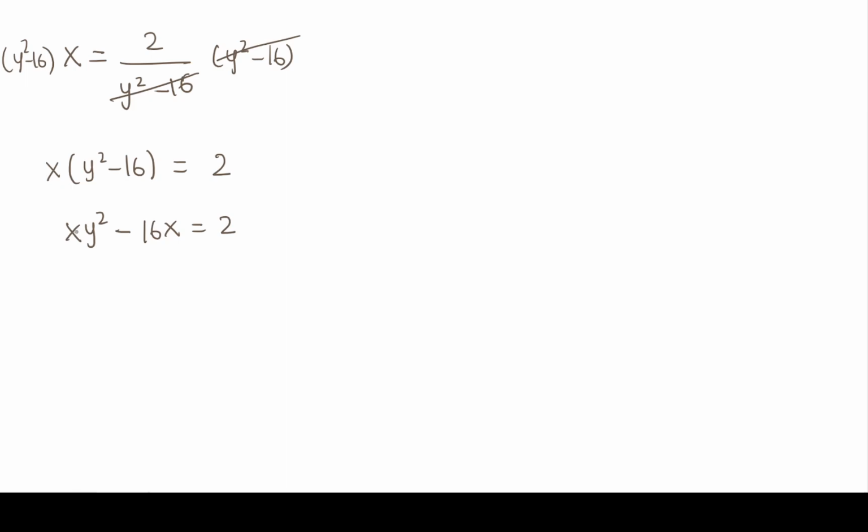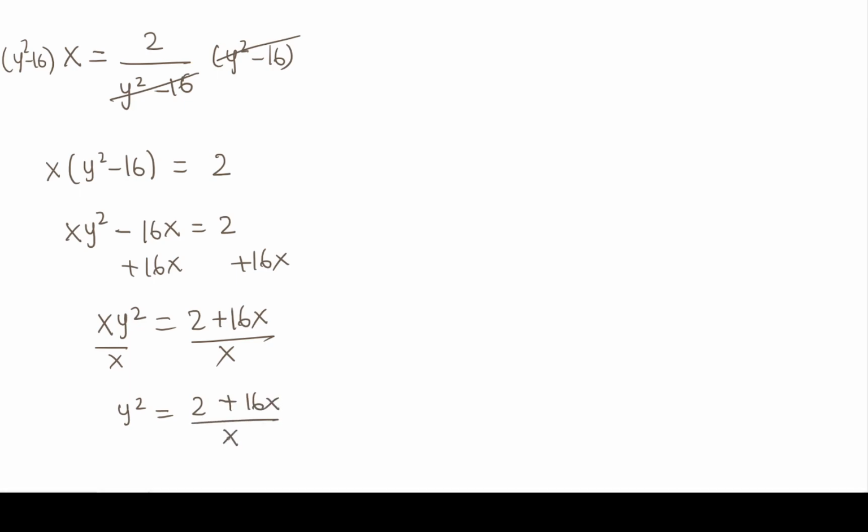And now we're isolating the y term. So we add 16x on both sides. And that would give us x y squared equals 2 plus 16x. And then divide both sides by x, and then take the square root. Sorry.